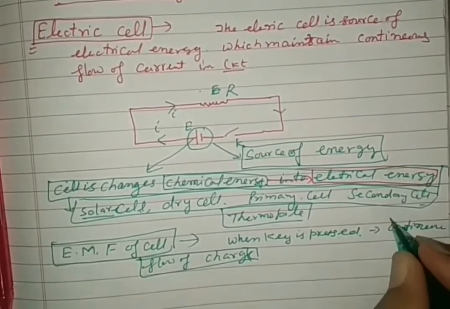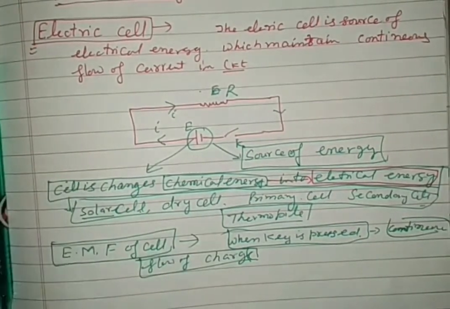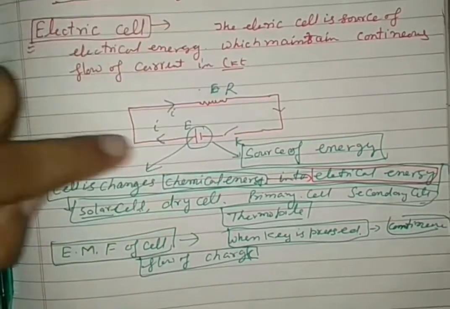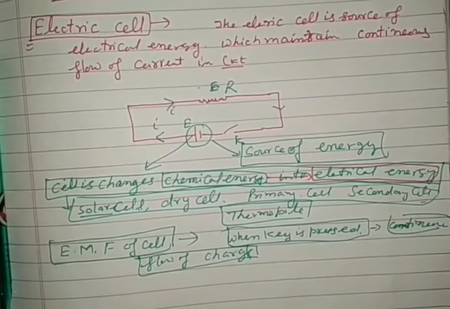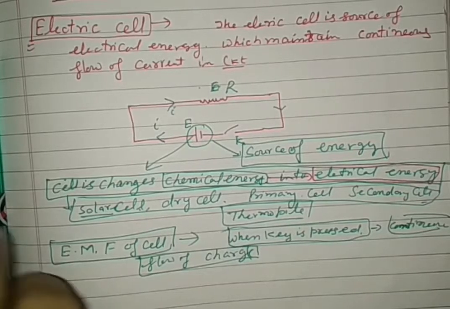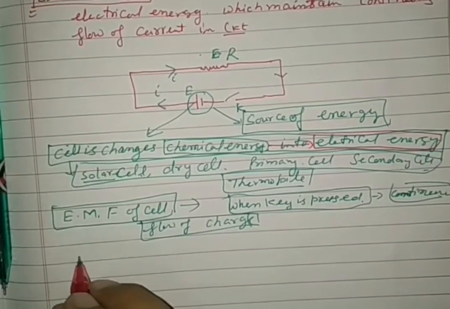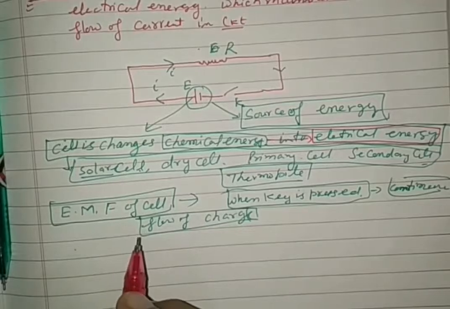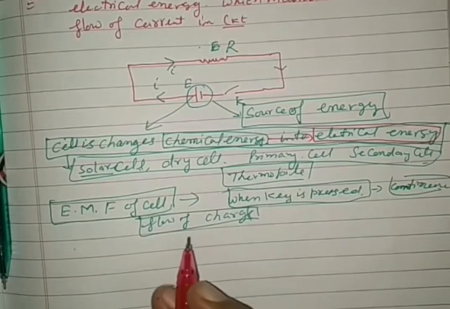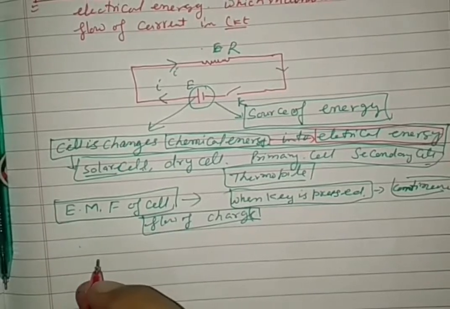Then work is required to maintain the flow of charge within the circuit. This work done per unit charge is called electromotive force. This work is done by the cell, in which chemical energy is converted into electrical energy, to maintain the flow of charge in the closed circuit.